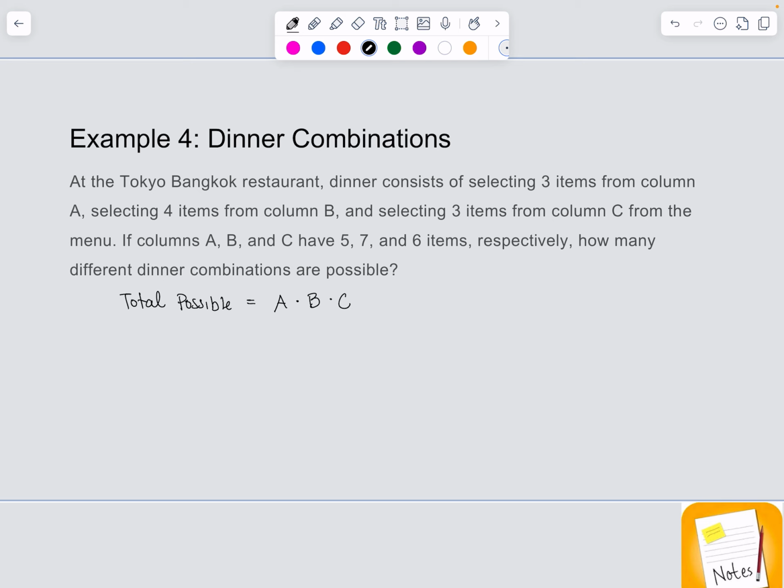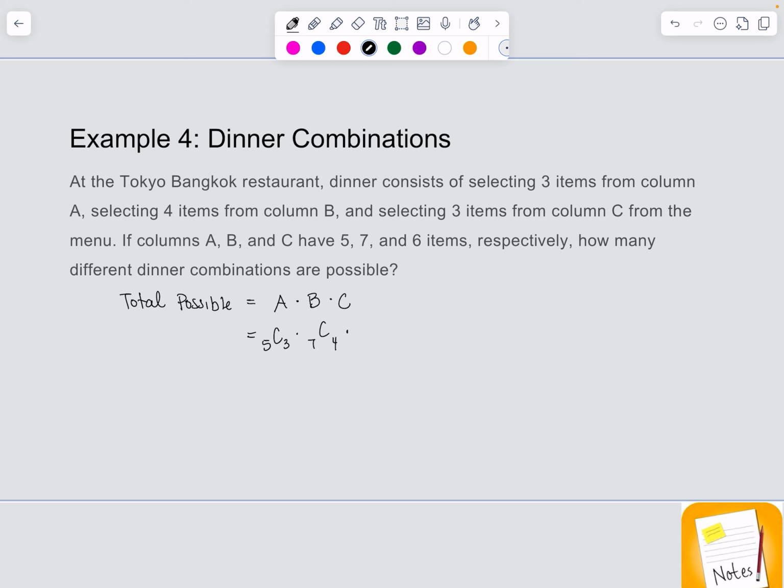Column A, it says 5, and we are choosing 3. So A has 5 choose 3. And I'm going to multiply that times B. B has 7, and we're choosing 4.